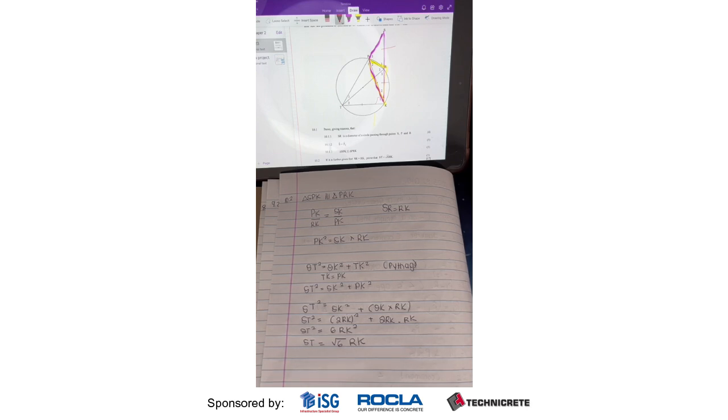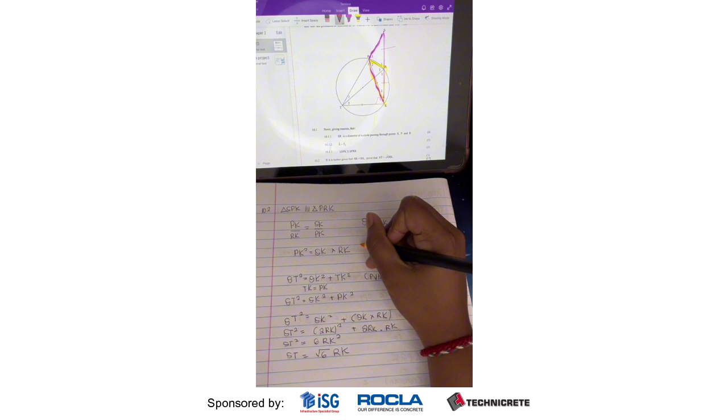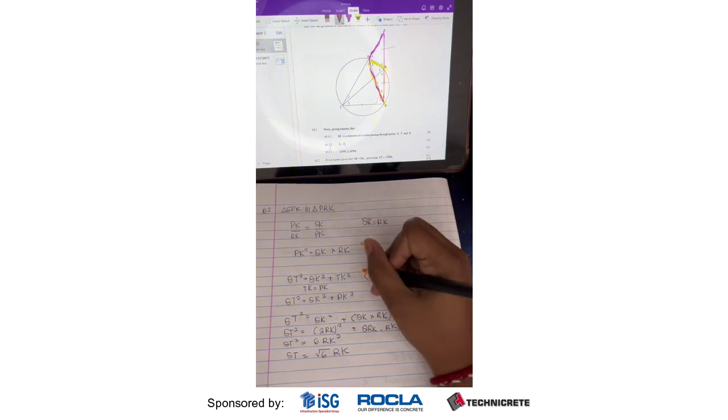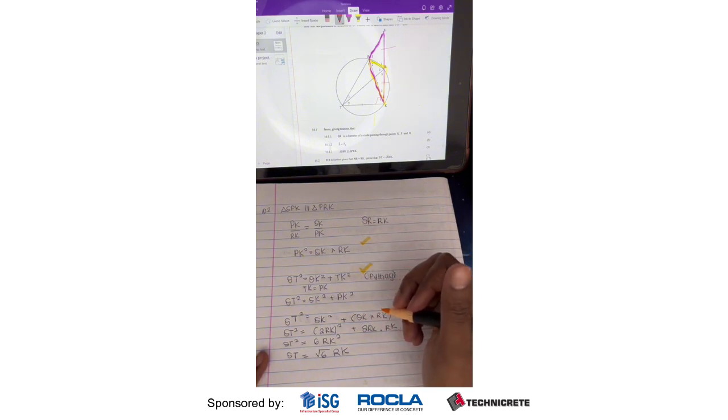So let's work backwards. 5 marks for this question. The first proof, the second proof. It's very important that you had that there. You have this SK is equal to 2RK here, and your final answer there was 5 marks.